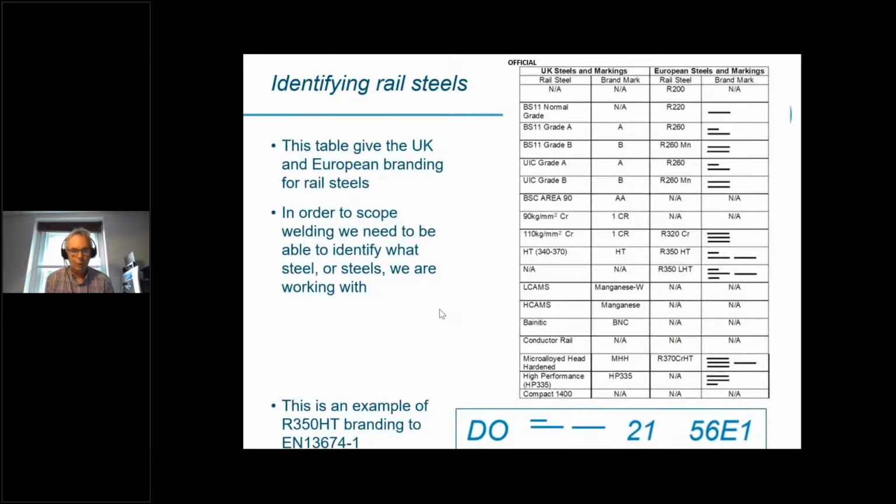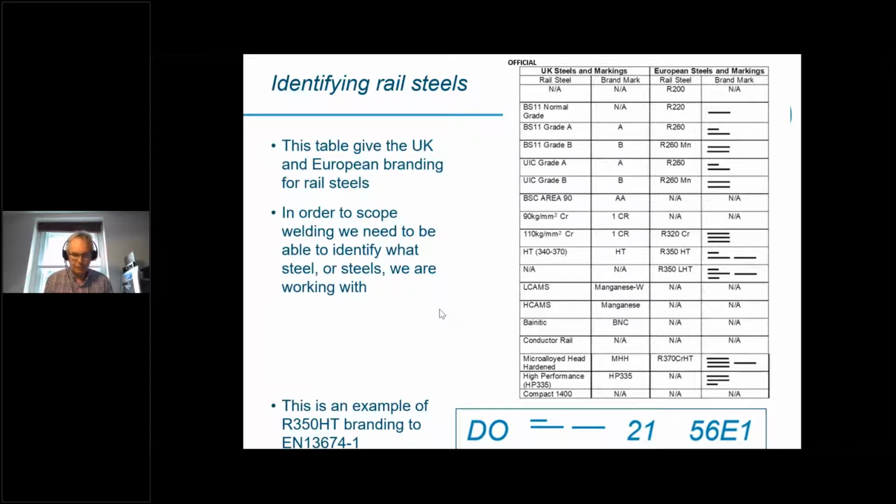Right, so it's really important when we're planning our welding work to identify what steel or steels we are working with, and hence the correct welding techniques and consumables to employ. This table shows both the EU and UK steel grades and how they are marked on the rail.